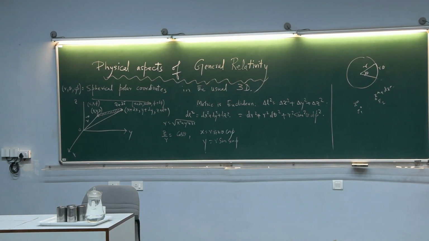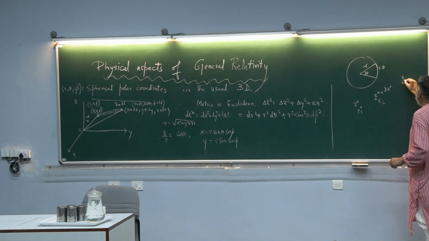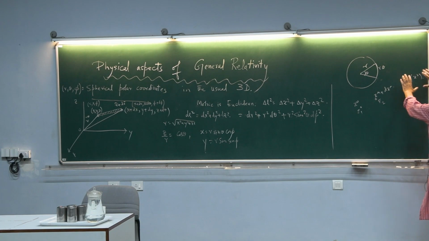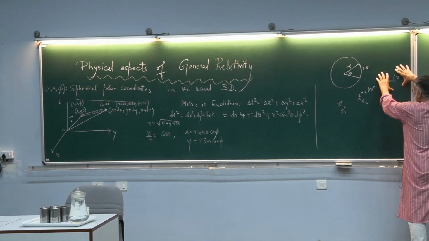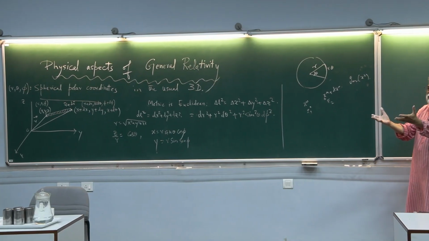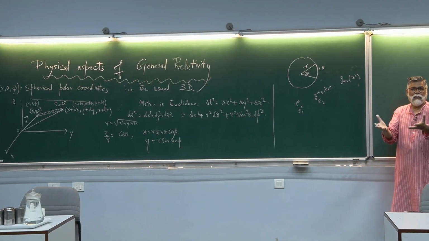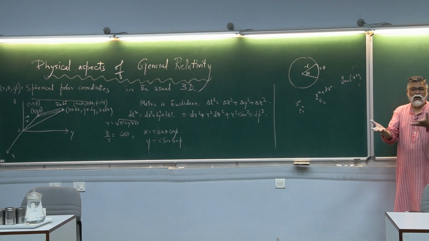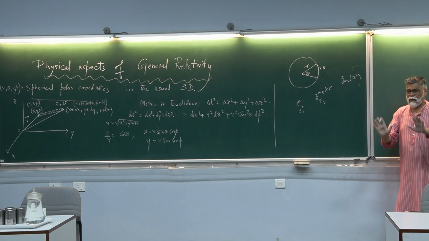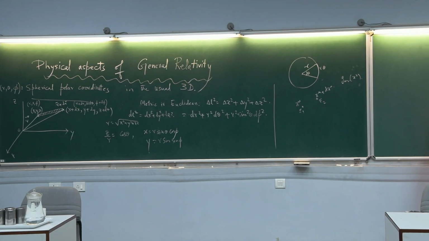All I know is that in the arbitrary coordinate system, the metric is given by g mu nu, which in general is a function of the space-time coordinates. So what is the connection between knowing the metric in this arbitrary curvilinear coordinate system and the measurements that you are performing? After all, physics is all about measurements and its interpretations. That's the question we are asking.